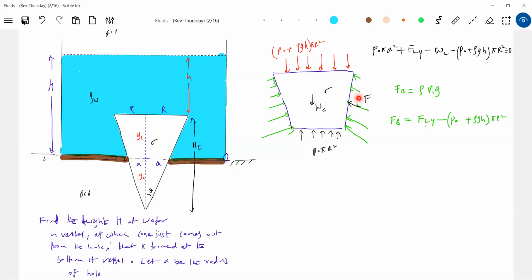No, this force will be buoyant correct only, sir, upward thrust. But what is the problem is, even the effect of this P naught has to be taken. Is it justified?